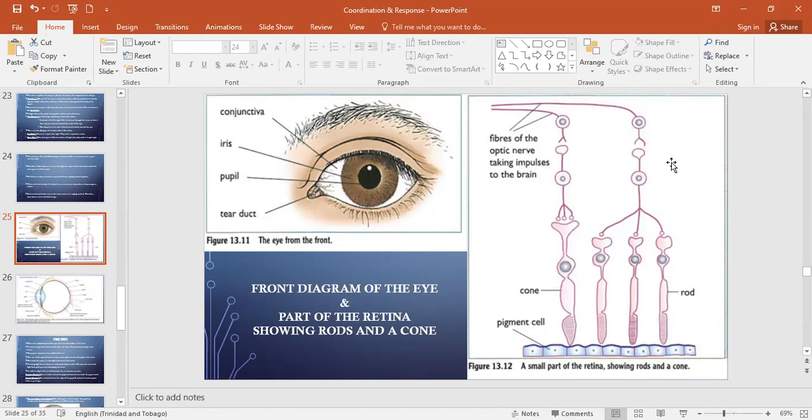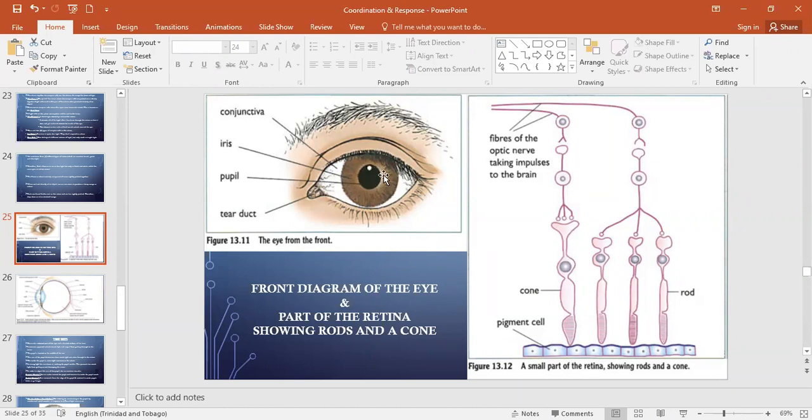Okay, and speaking about the external view of the eye, this is what we have here. This part here, as I just explained, is your conjunctiva. This colored part is called your iris, and in the middle here is where you have your pupil. All right, and your tear duct is here. Your tear duct is responsible for creating that liquid, that moist layer found on the conjunctiva, in order for your eye to remain moist.